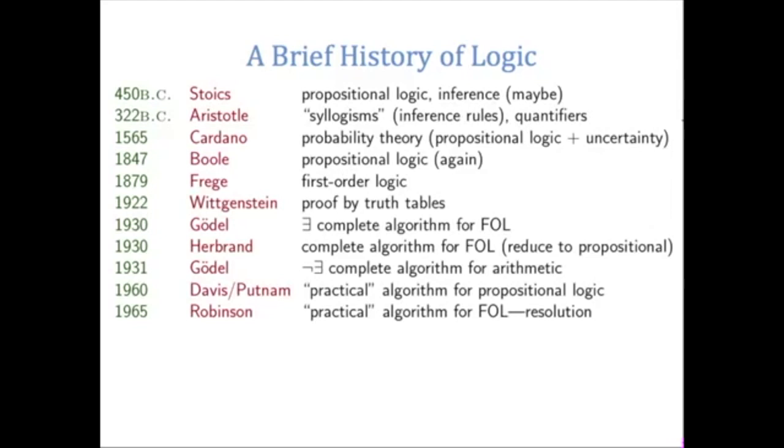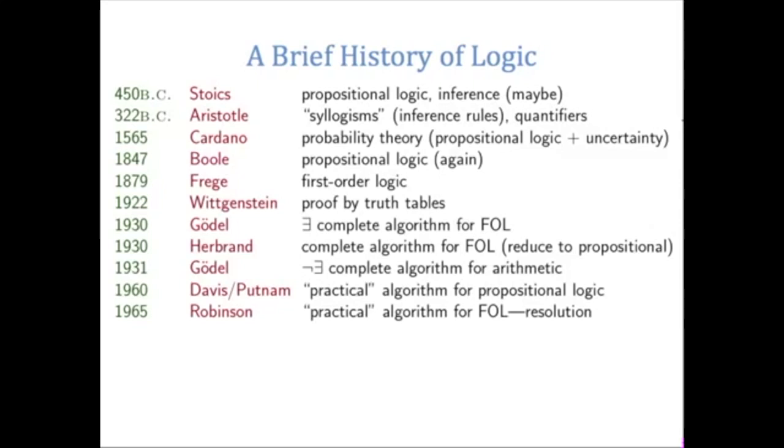It's a matter of some debate because the records for the Stoics are not that good. Aristotle, the root of all science and logic, gave us the idea of syllogisms. And although the names modus ponens and modus tollens are Latin, he came up with the basic ideas and had the idea of inference rules.